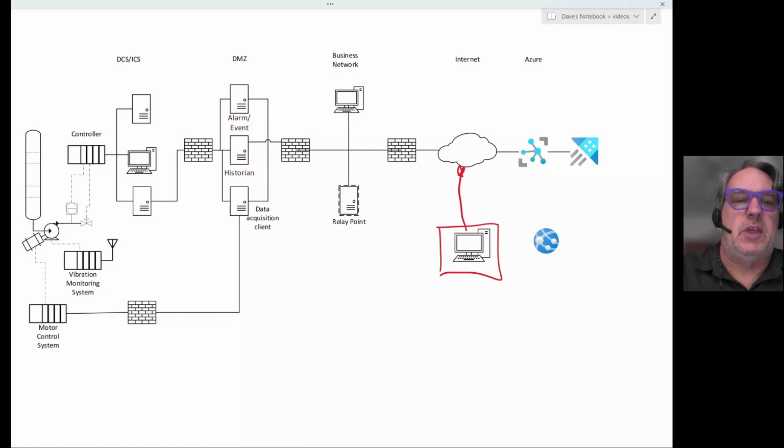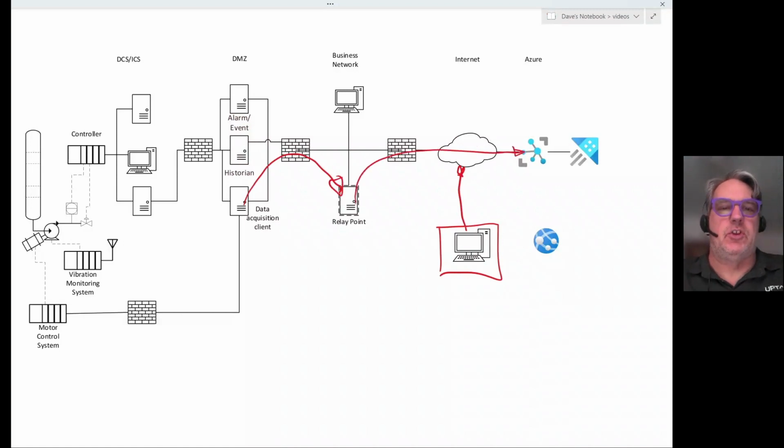First of all, we remember that all of the communications are initiated outbound from the client to the relay point, and then from the relay point up to the cloud. These are secured in transit, and both ends are authenticated against each other so that we know that this data acquisition client is talking to who it needs to, and the IoT hub knows who's talking to it.